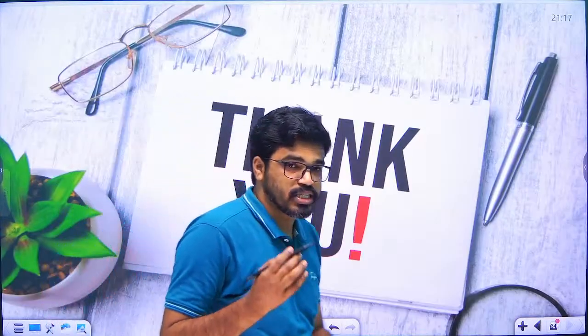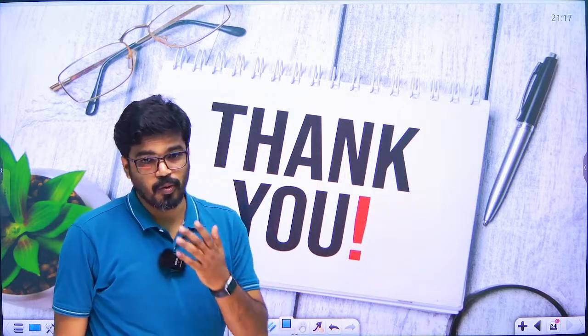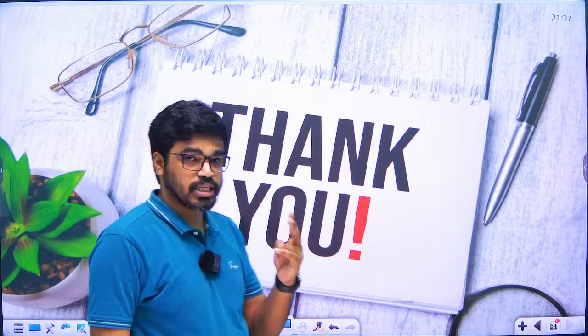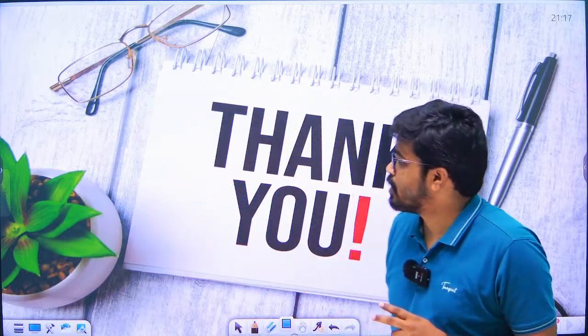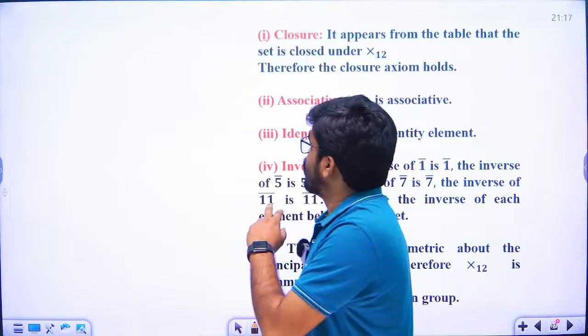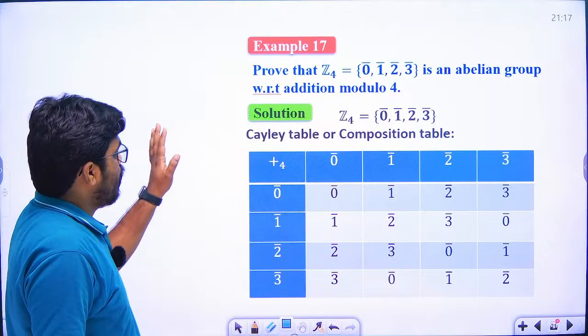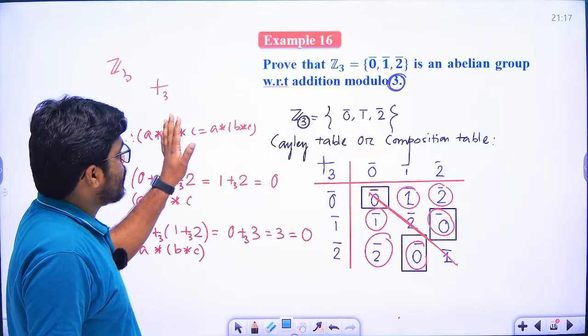So it is a very important concept, the modular system. Basically two special types of operation: one is addition modulo and another is multiplication modulo. I have discussed three examples. Next, what is the modular system, that is addition modulo, multiplication modulo?